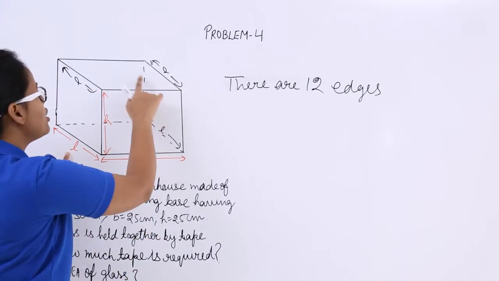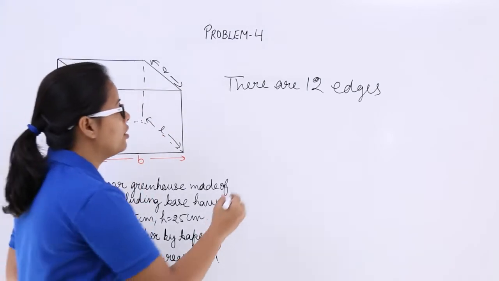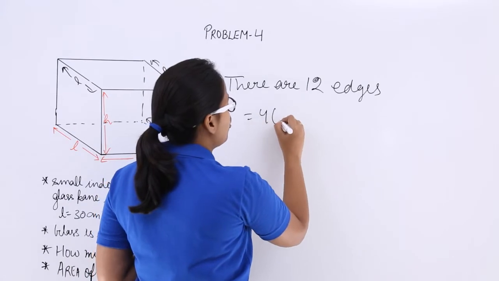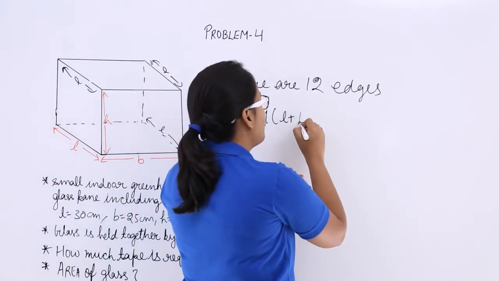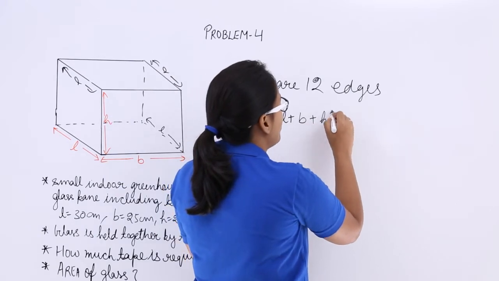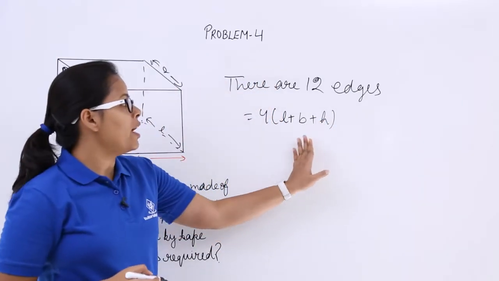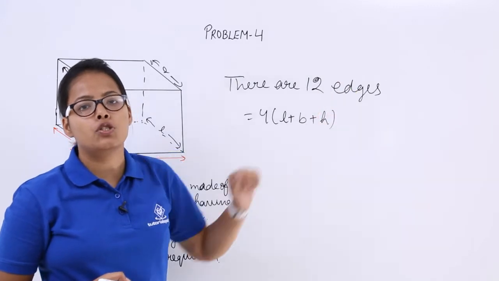There are 4 edges of length L. Same as there will be 4 edges for B and there will be 4 edges for H. So 4 plus 4 plus 4 will become 12 edges.